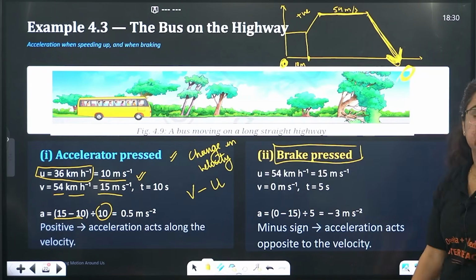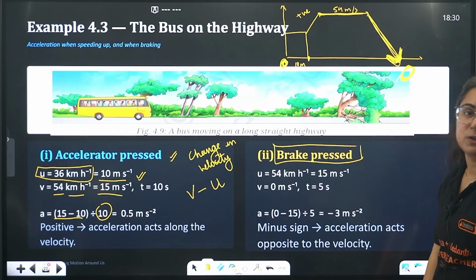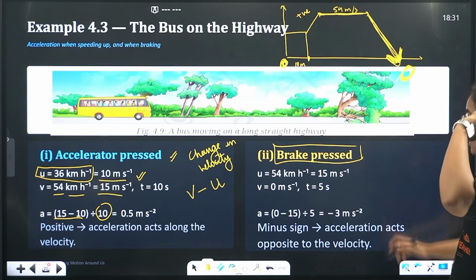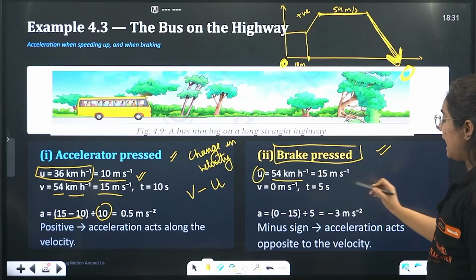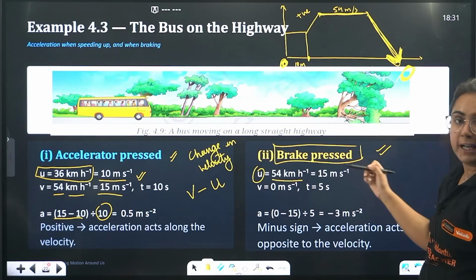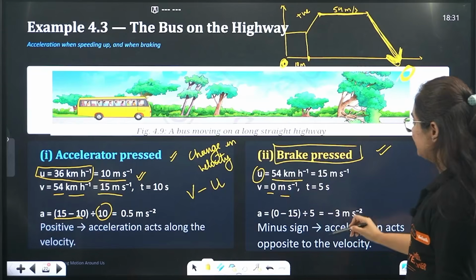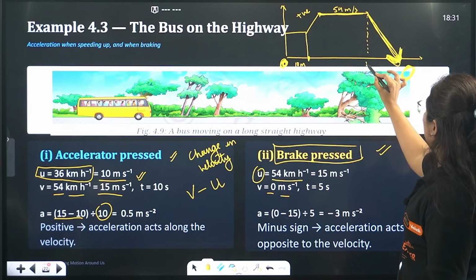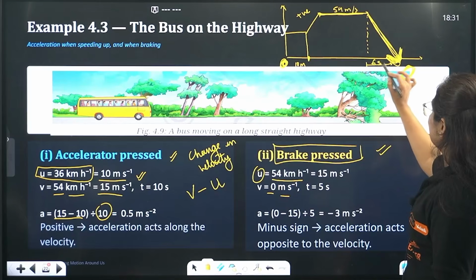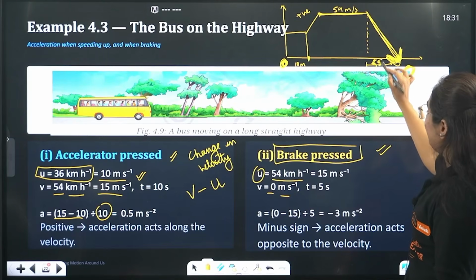It becomes negative because the final velocity reached 0. Final velocity reached at which place? 0. Getting my point? So when the brake is pressed, the original velocity was 54 km per hour. That means 15 meter per second. The final was 0 meter per second. The time taken to cover this brake was 5 seconds. How much, beta? 5 seconds.